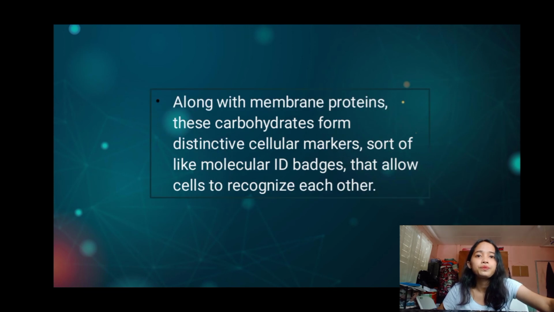Along with the proteins, these carbohydrates form distinctive cellular markers, sort of like molecular ID badges that allow cells to recognize each other. These markers are very important in the immune system because they allow immune cells to differentiate between body cells.